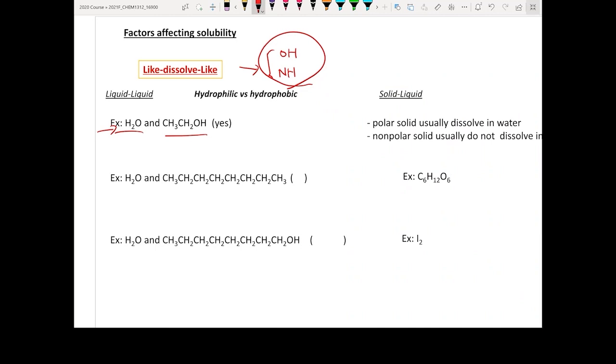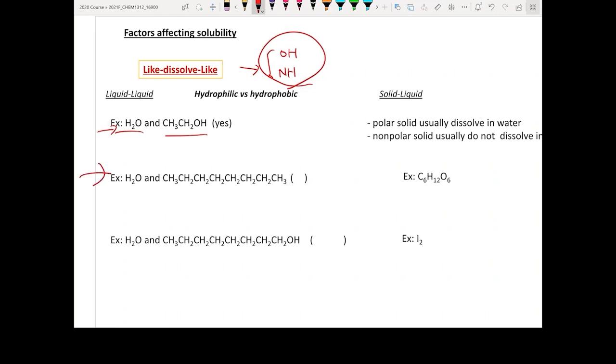That means both of these molecules are hydrophilic. Hydrophilic means they love water. Philic means they love water. Since both molecules have this OH, they are all hydrophilic molecules. They are alike. So would these two molecules dissolve with each other? The answer will be yes.